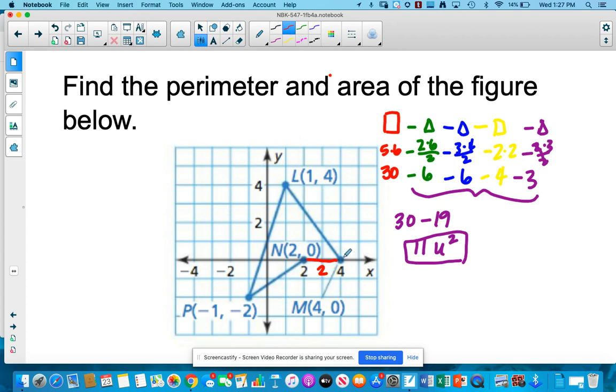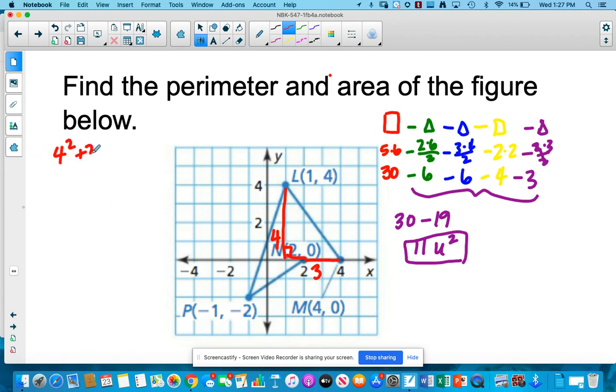Okay, so let's go ahead. If I have to find the length between L and M, I'm going to create a triangle. So I can use a squared plus b squared equals c squared. So it is 4 by, that is no longer 2, that is 3.